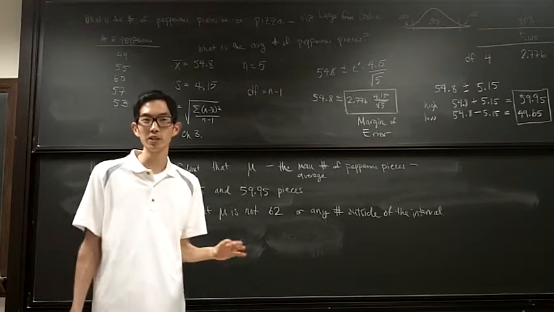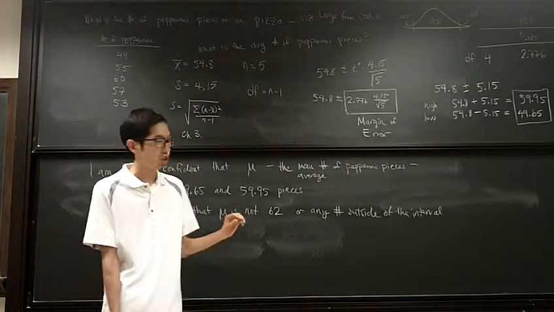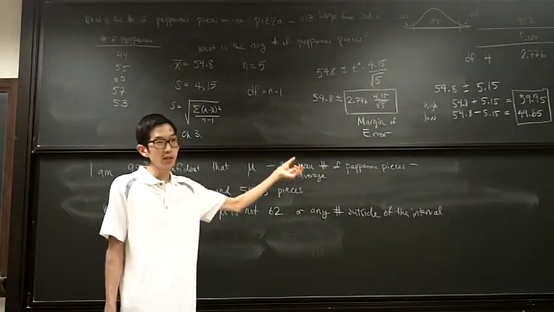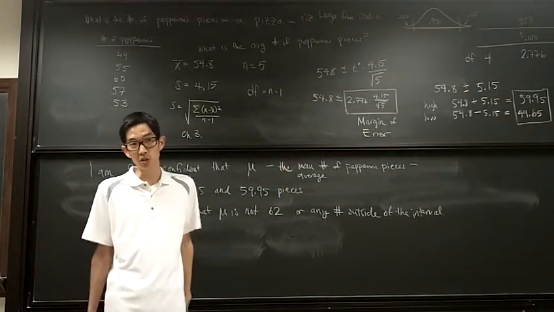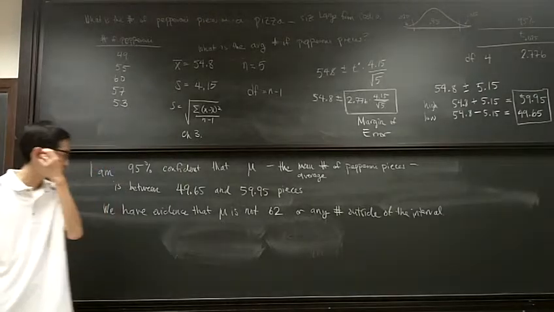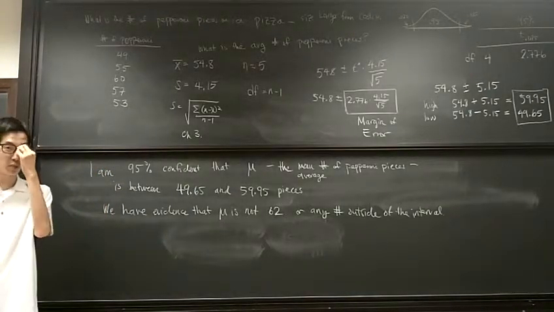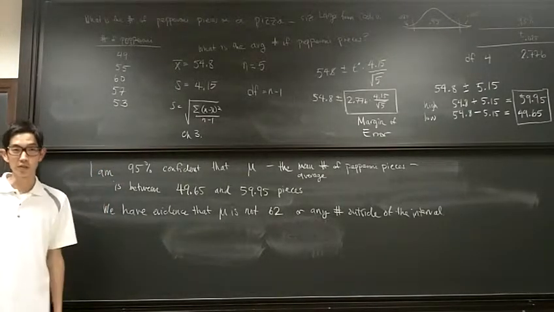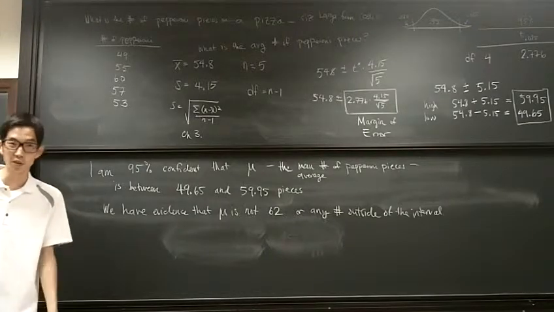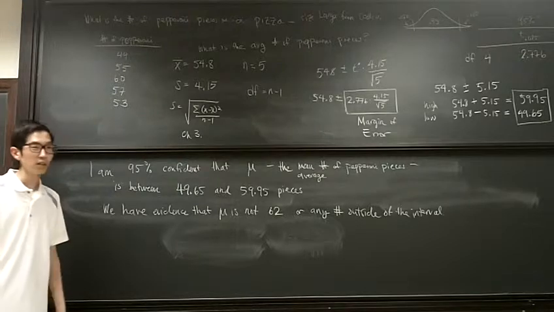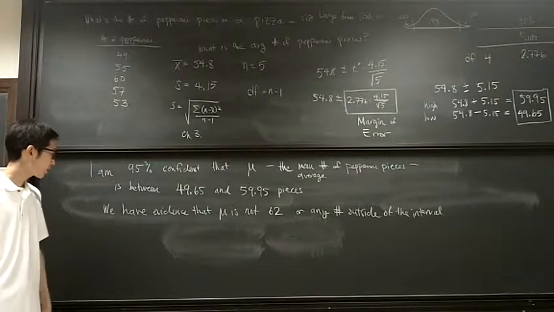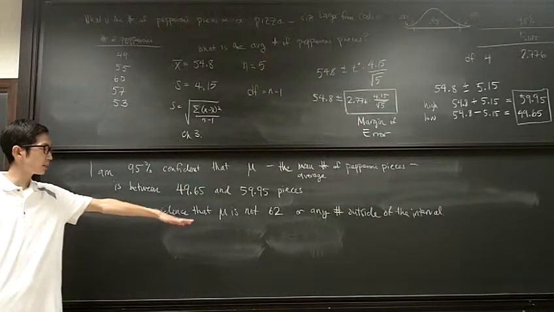We're going plus or minus my margin of error, which sometimes is smaller than the standard deviation, sometimes bigger, depending on the situation. If we have a large sample, it's generally going to be smaller than the standard deviation. If we have a small sample, it will generally be larger. So it depends on our data.